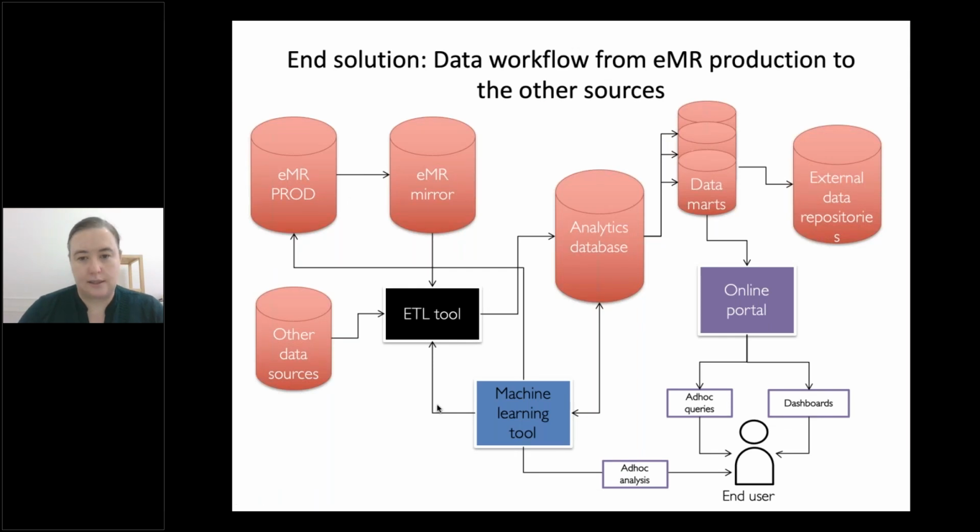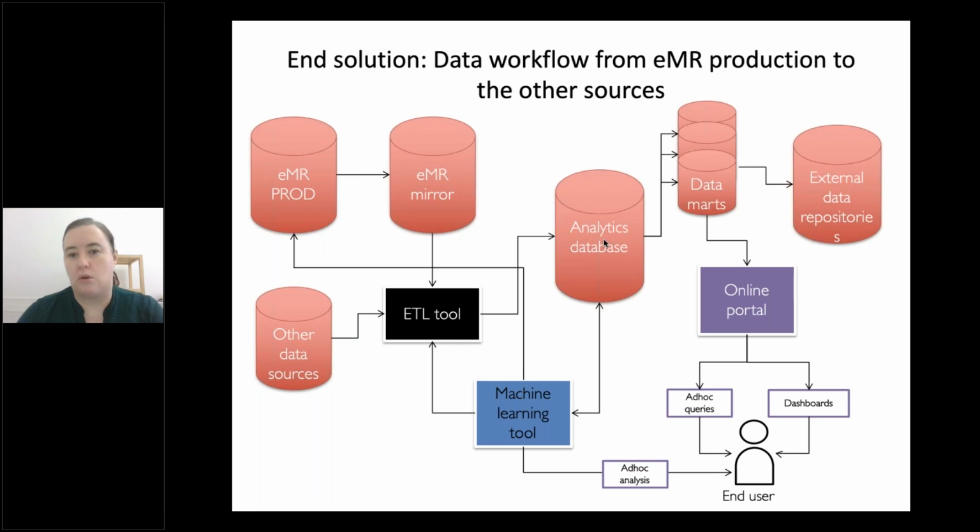So for us, I know this is quite a technical document, this is what we're aiming to build. Basically we've got the eMR production, we've got a copy of that, we're building out the extract, transform and load tool and building the tables in the analytics database. And then from there we'll build out some specific data marts.